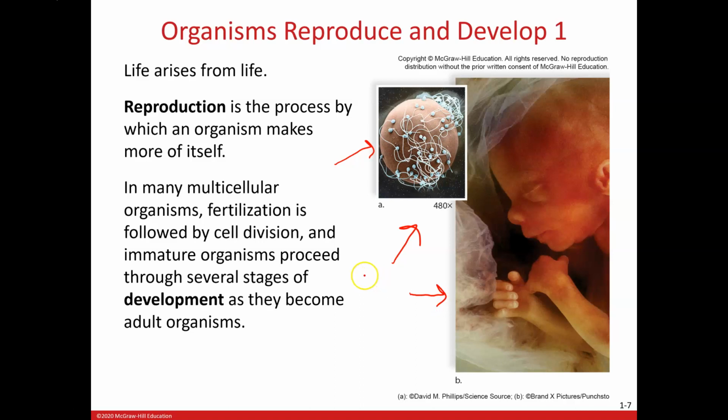So the first structure is called a zygote. And that zygote multiplies asexually via mitosis.